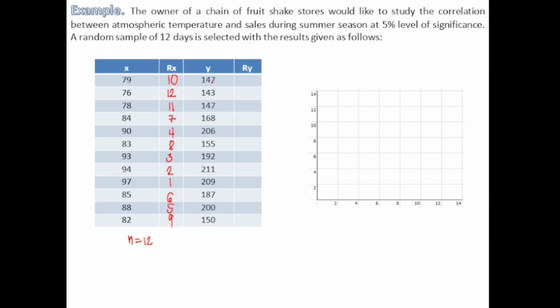How about sa Y, yung rank ng Y? Again, identify the largest number. Ang pinakamalaki po dito ay 211. So number 1 po siya. Number 2 ay 209. Number 3 ay 206. Pang-apat po ay, I believe that is 200. Pang-lima ay 192.